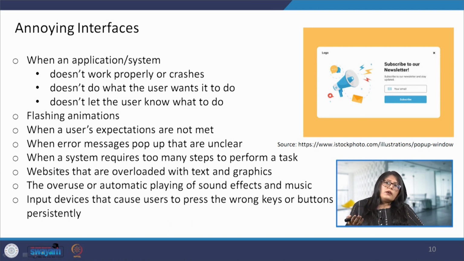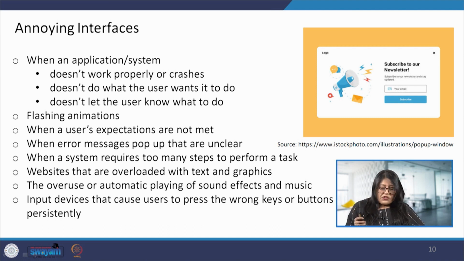So, of course, a lot of time goes to waste. If we are working on something, we may have difficulty recovering it and many other issues. Or when the system does not do what the user wants it to do, and it does not tell the user what he needs to do, the user is left confused and without any direction to move along.